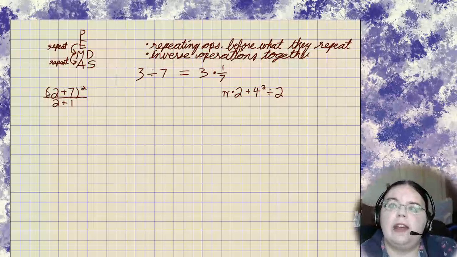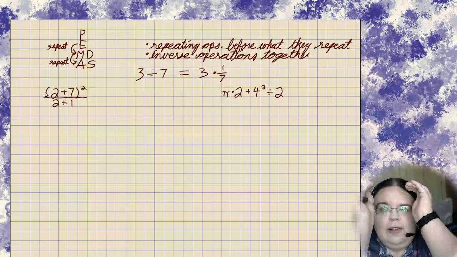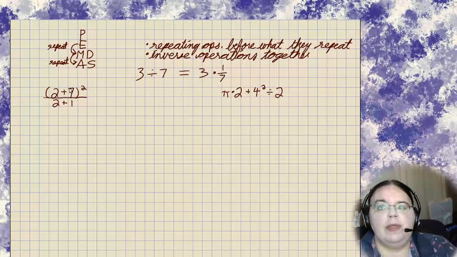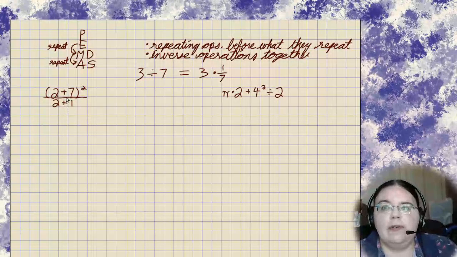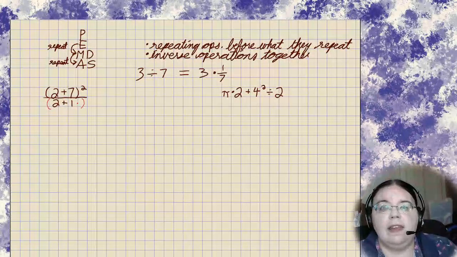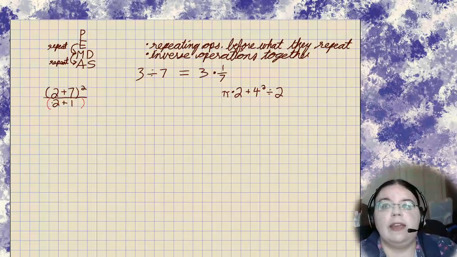So here's how we use that in practice. I've got one expression here: 2 plus 7 squared, divided by 2 plus 1. Now, one thing that's important here is that 2 plus 1 is in a denominator. Even though it's not written in, we treat it as if that whole denominator has grouping symbols around it, so we do that calculation before we divide.